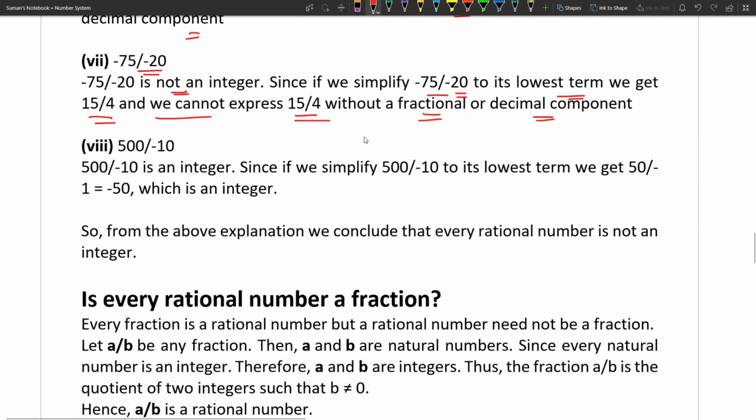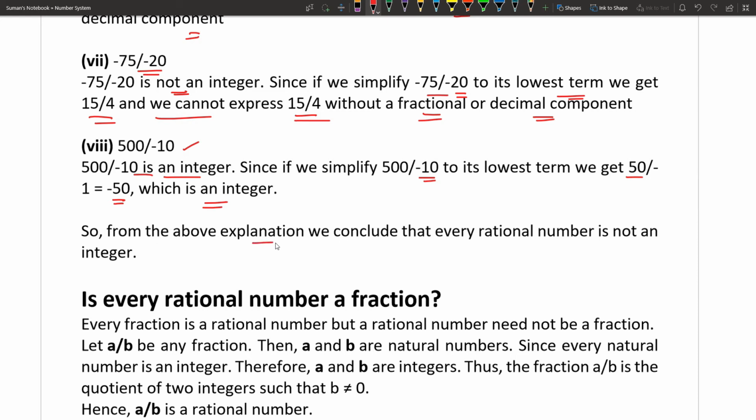Next example, 500 upon minus 10. Now that is an integer, since we simplify 500 by minus 10 to its lowest term, we get 50 upon minus 1 or minus 50, which is an integer. So that rational number is an integer also.